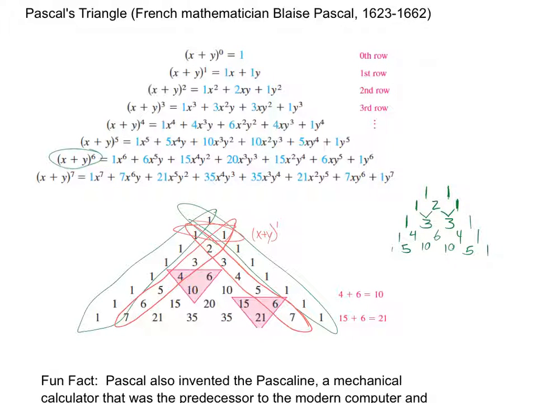Down here, 6 is my second and next to the last one. That goes with an x plus y to the sixth. So if you know that, you can pick out what row you're supposed to use really easily. Just look at what n is. So there's our Pascal's triangle. Again, being able to construct this quickly will be really helpful.